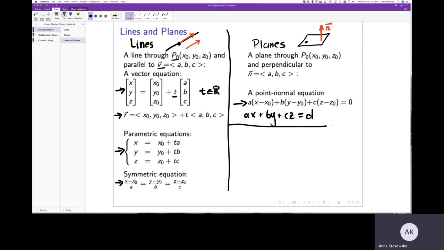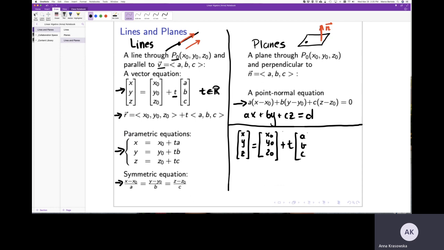Okay, I just want to spend a few minutes to talk about the vector equation of a plane. We did not discuss it before, but any point on the plane can be generated from one point x0, y0, z0, plus t times a vector.